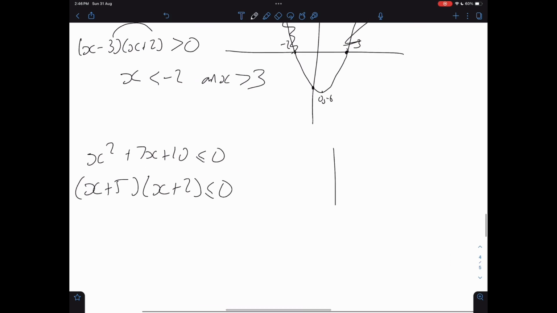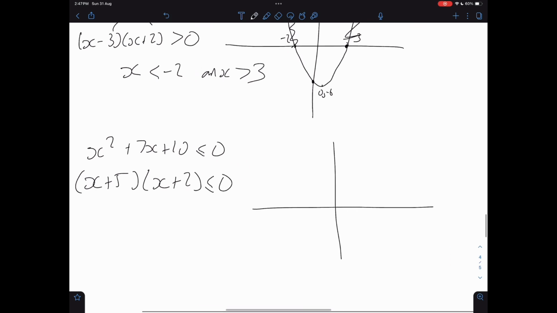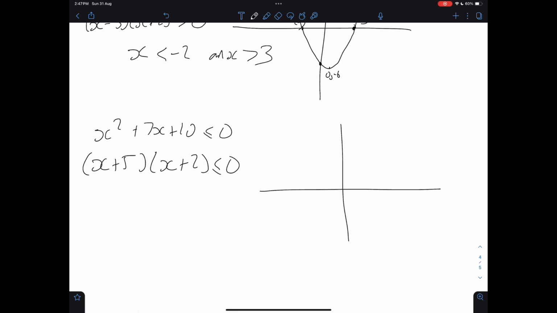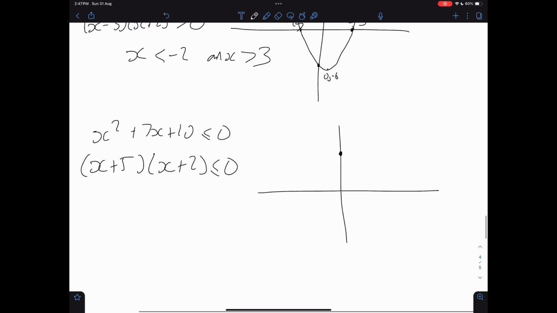And we could do another sketch, just to show you. The y-intercept will be up at 10. The vertex will be in the middle of those two, so that'd be minus 3.5. So it'll look like that.